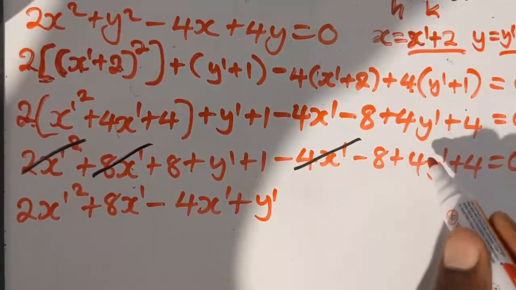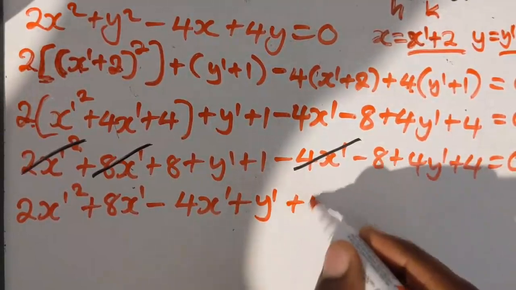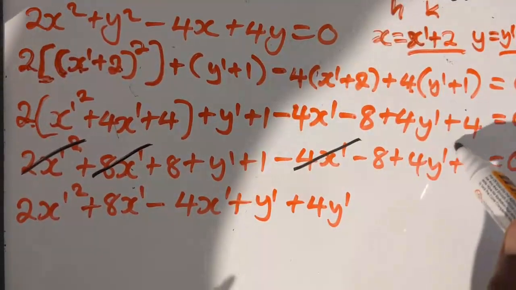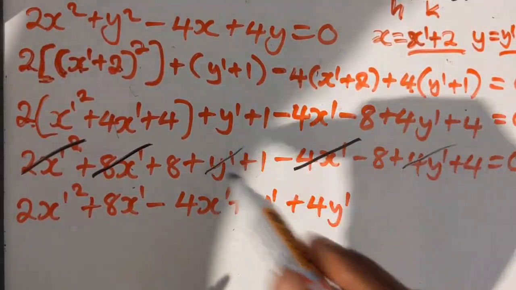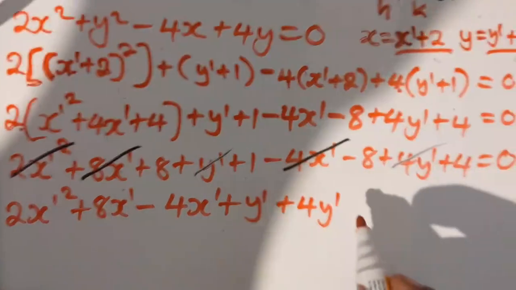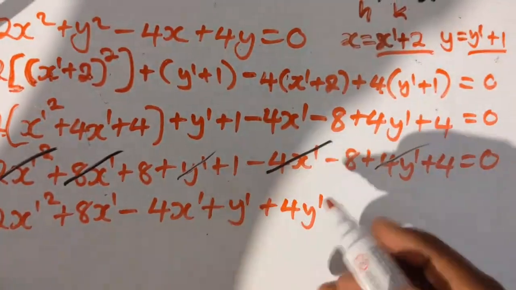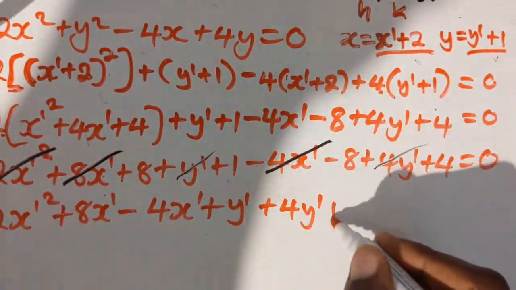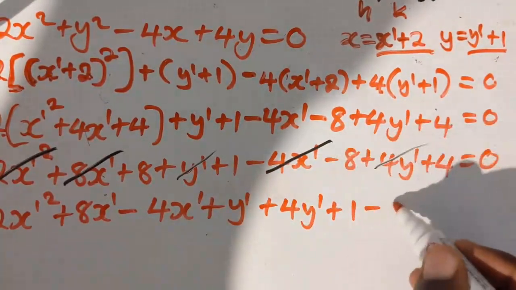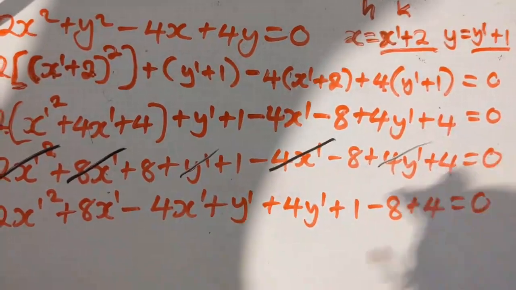So this is it here, positive 4y prime, right? So meaning that we have gotten that, we have gotten that. I'm showing you so that you shouldn't be making mistakes. So do we have any with any letter? No, we don't. What do we have? We have this one, positive 1, then we have negative 8, we have positive 4 equal to 0.